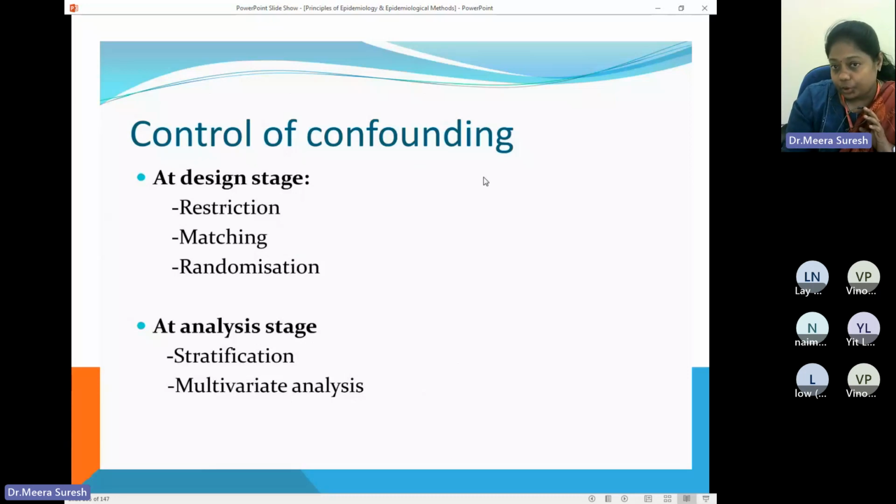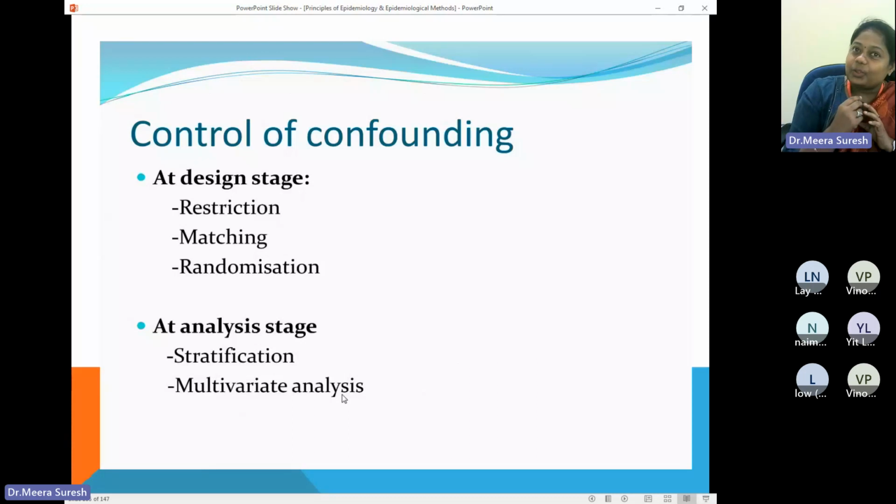But even if it is an unknown factor, by these methods you can control confounding. So confounding can be controlled at the design stage and at the analytical stage. In the design stage, you can do restriction, matching and randomization, three methods. And at the analytic stage, you can do stratification and multivariate analysis.